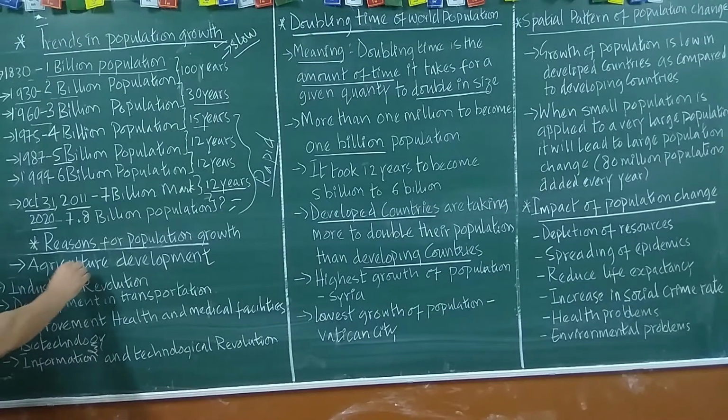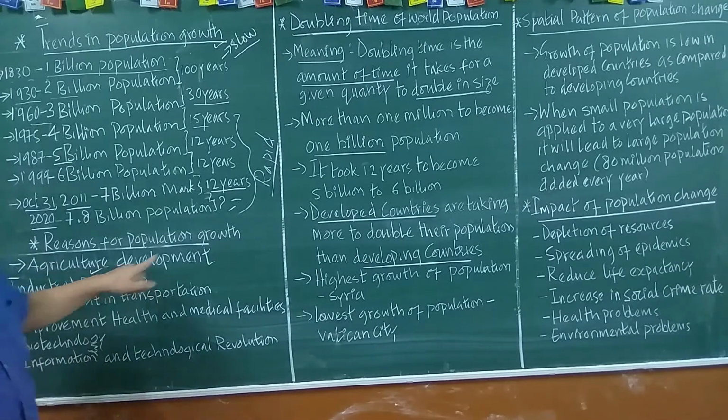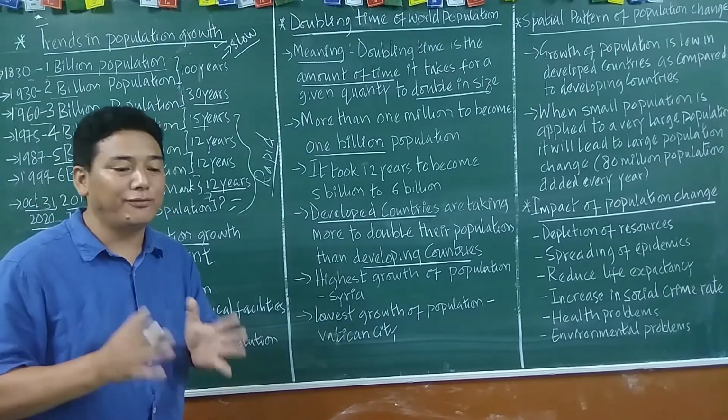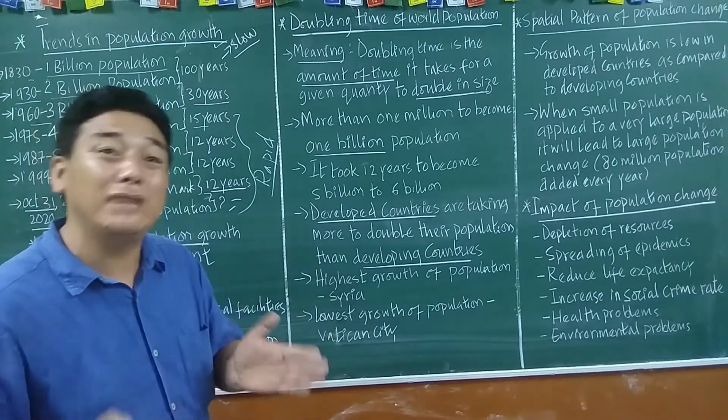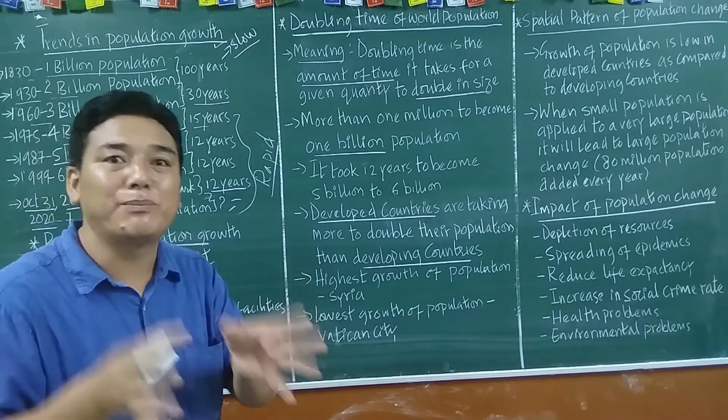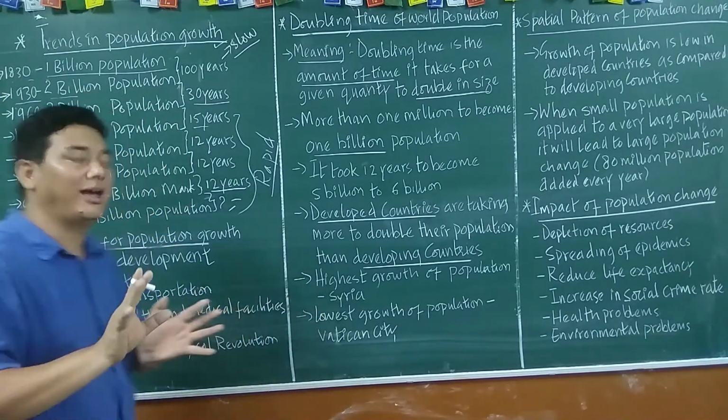So during the agricultural development, which will help for the food security, or it will secure the food, which is the basic need for humankind.